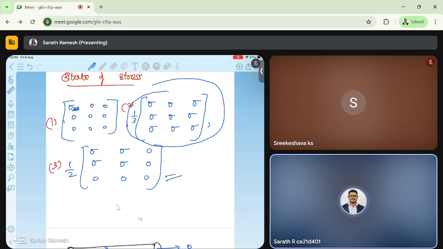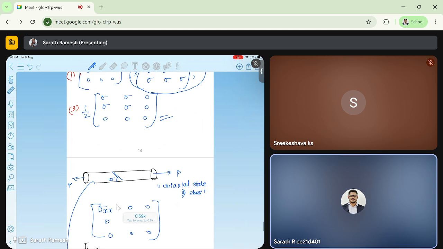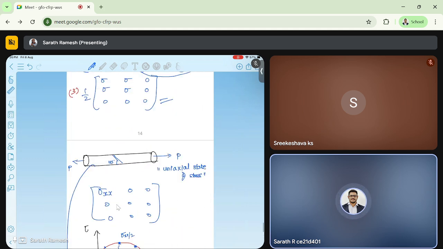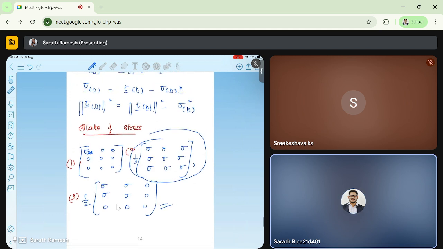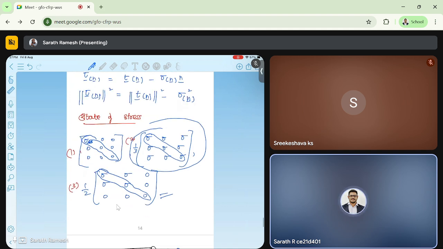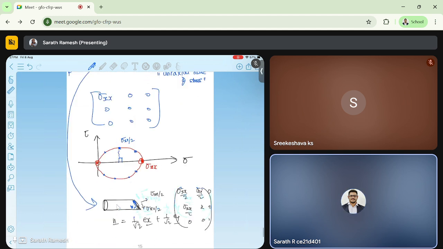We say the determinant is zero. That is one condition. And the trace is sigma for this, again sigma for this, and again sigma for this. So the trace is not changing with respect to the uniaxial state of stress. This is what I just want to say.